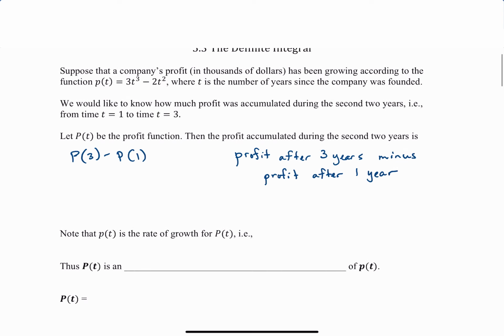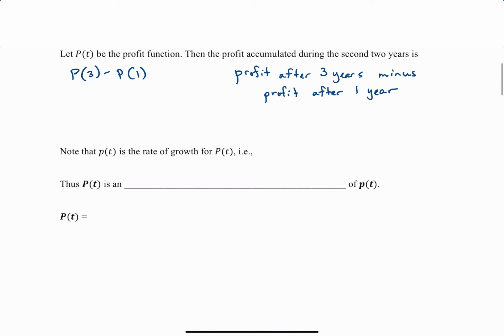Let's notice that little p of t was the rate of growth for capital P of t. That means then that little p of t is the derivative of capital P of t. And to turn that idea around, we could then say that capital P of t is an antiderivative of little p of t.